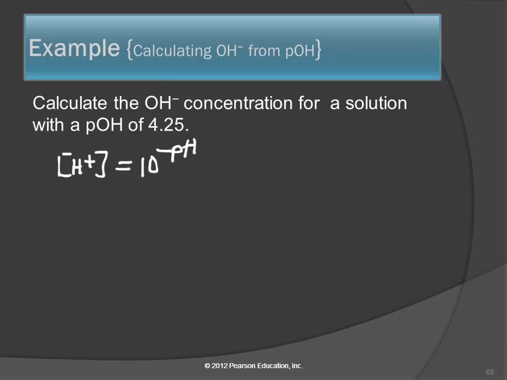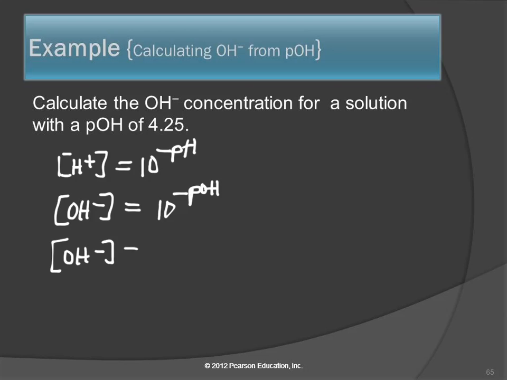We can swap anything we want in there for the H. So the hydroxide ion concentration will equal 10 to the negative pOH. It's the same equation. It's the same relationship. So the hydroxide ion concentration is going to be 10 to the minus 4.25.